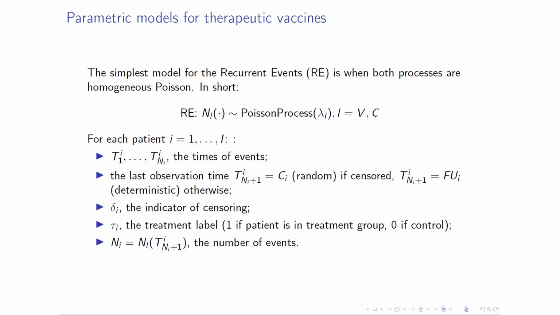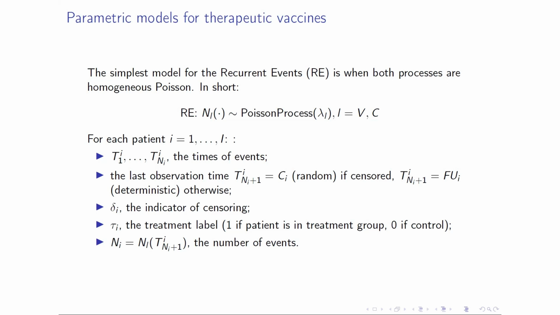Now things are a bit more difficult because it's not clear what to do. In addition, you may have censoring which may be informative. If people feel they have too many events, they may think they are in an inferior group and stop taking the drug, which is exactly the case of informative censoring.